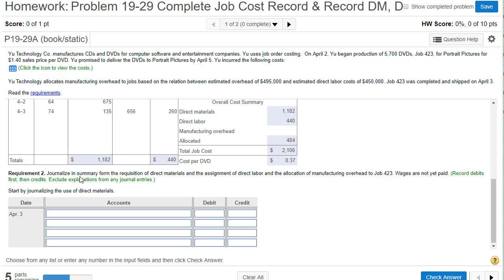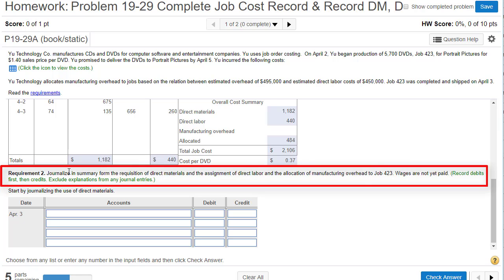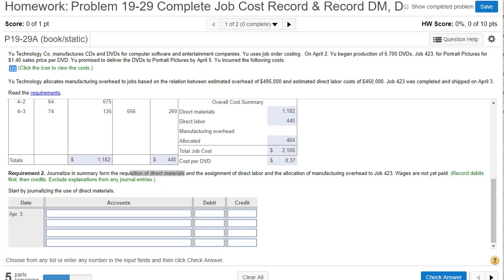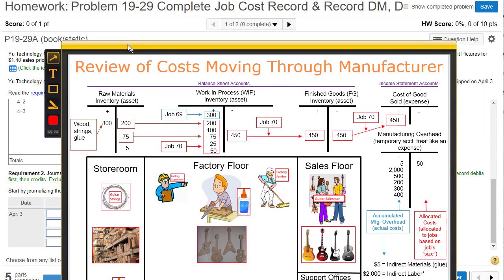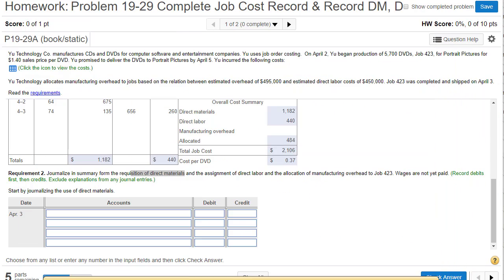Now, the next requirement, we're going to journalize in summary form the requisition. That means we ordered direct materials from the storeroom, and the assignment of direct labor and the allocation of manufacturing overhead to job 423. Wages are not yet paid. So again, to review from our slides, we're going to do the journal entry, and the first journal entry is direct materials.